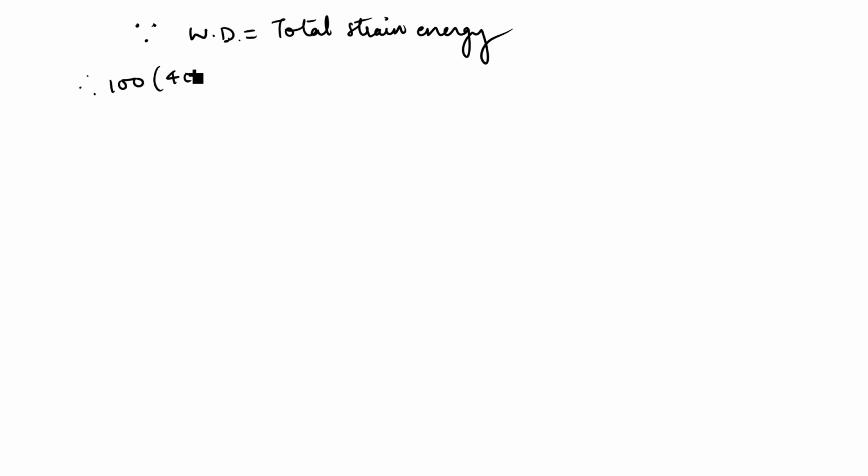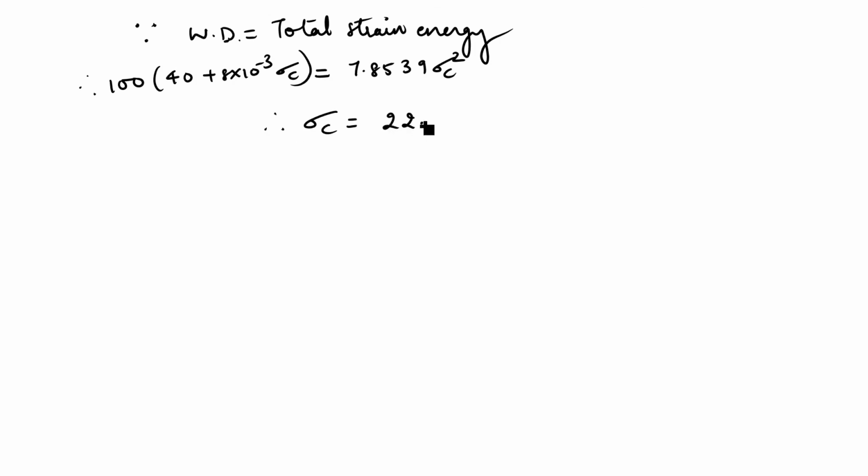Since work done is equal to total strain energy stored in the body, therefore I can say 100 into 40 plus 8 into 10 raised to minus 3 sigma C will be equal to total strain energy, that is 7.8539 sigma C square.